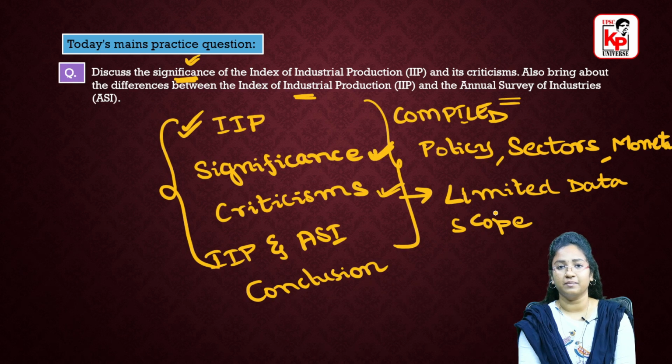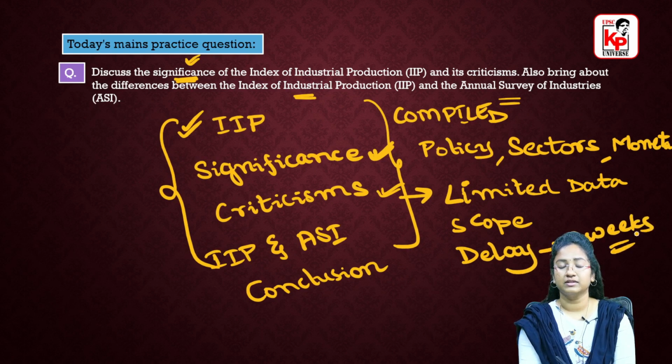The scope of the IIP is a bit narrow and it has somewhat limited data. And then, as we have discussed, there is a delay of 6 weeks in the publishing of the data. So these are various criticisms that you can mention.